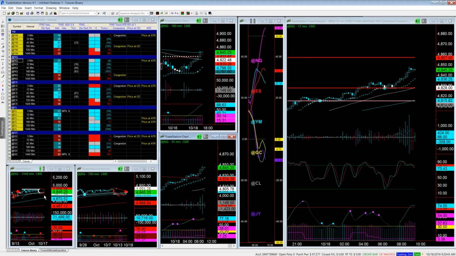These patterns play out over and over and over again. You can tell in the radar screen, you can see automatically everything that is at a congestion dot, everything that is at an ATR. It's right there in your face.